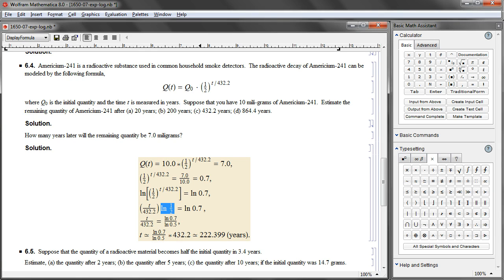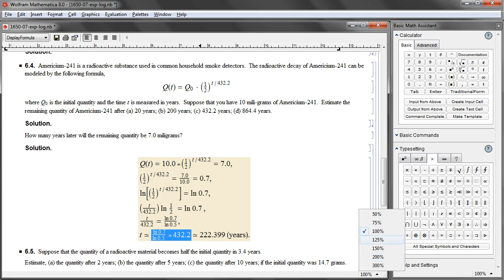Log of 1/2 may look intimidating, but it's not, because it's just a number. Log of 0.5 is something you can find out if you punch it in the calculator, just like log of 0.7. So divide away this log of 0.5 and then flip away this 432.2, and we have this computation here.